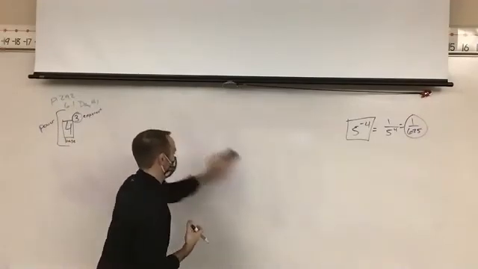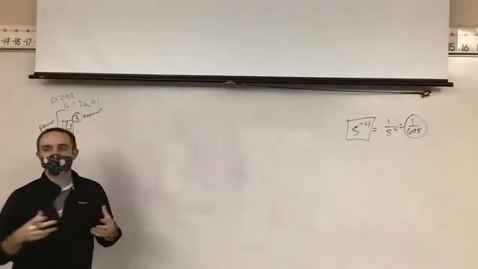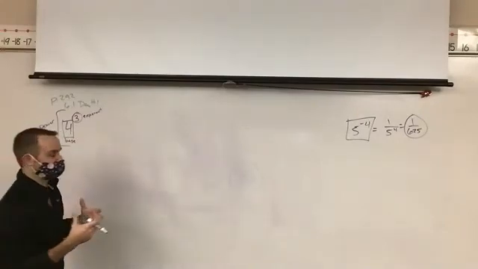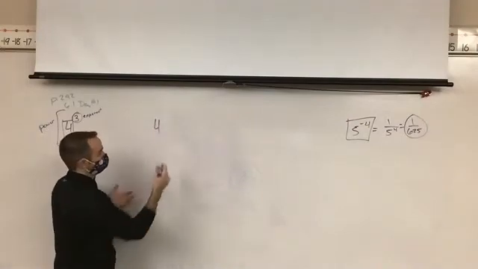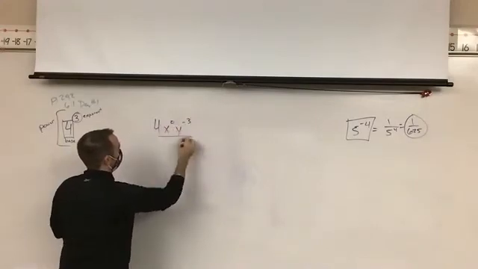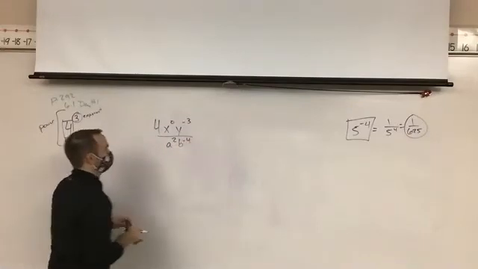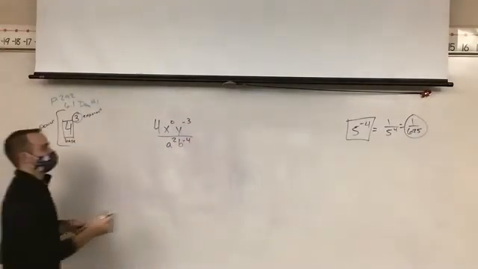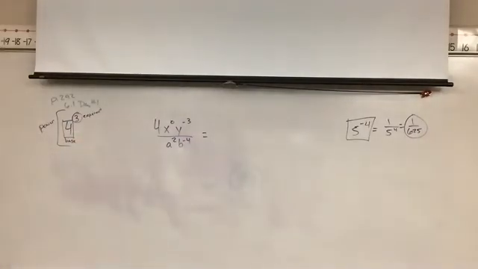Let's look at one here, and then we've got to move on. This is going to bring all of this stuff together that we just talked about, and maybe something new. I want you to simplify this. Do the best you can on it. Think about what we've talked about. Rearrange that. Remember, no negative exponents in our answers.